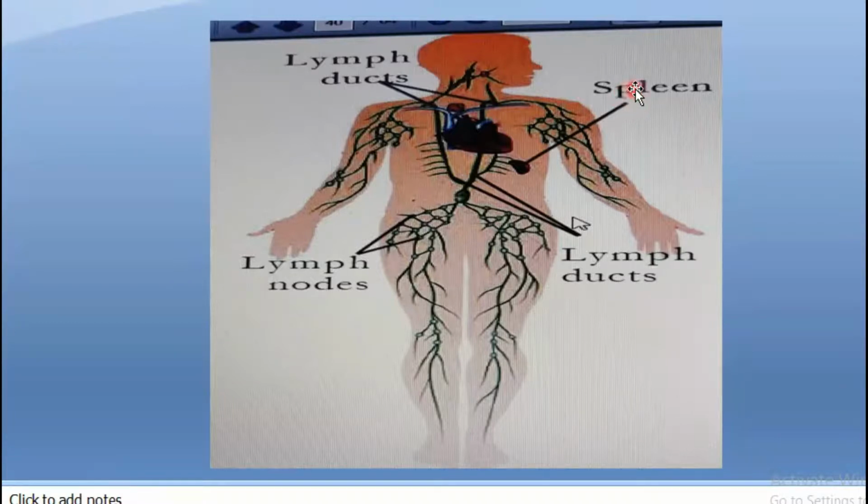Mainly, the spleen consists of two types of tissues. One is red pulp and the other one is white pulp cells. Red pulp tissues filter and remove old and damaged RBCs present in the blood.